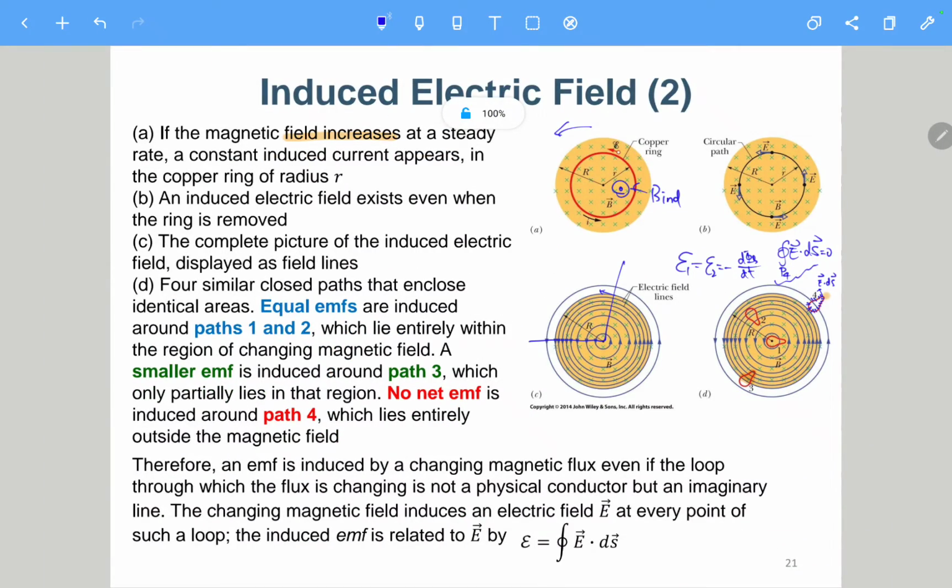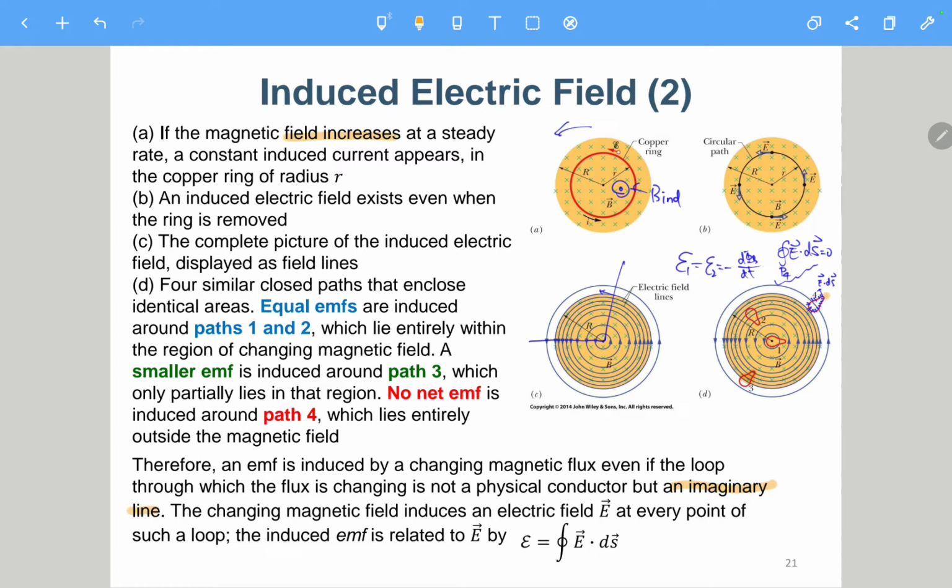Okay, so this is something similar to what we learned in Gauss's law, when we consider the flux, whether it is positive, negative, or equal to each other. We have a similar example here. So therefore, an EMF is induced by changing magnetic flux, even if the loop through which the flux is changing is not a physical conductor, but an imaginary line.